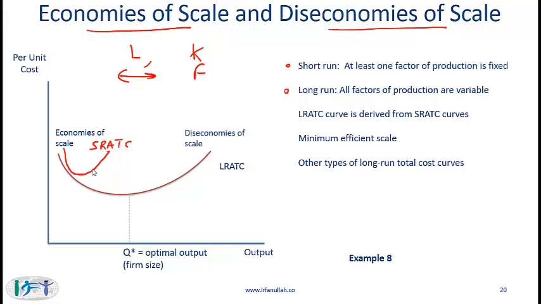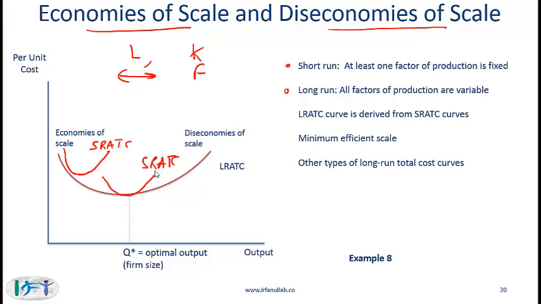Now it is possible that in the long run we set up two factories, and with two factories, our short run average total cost curve is over here.